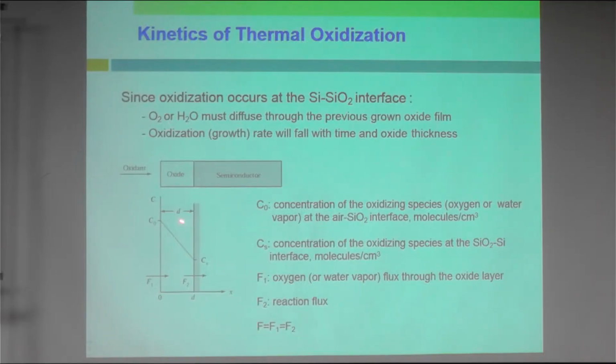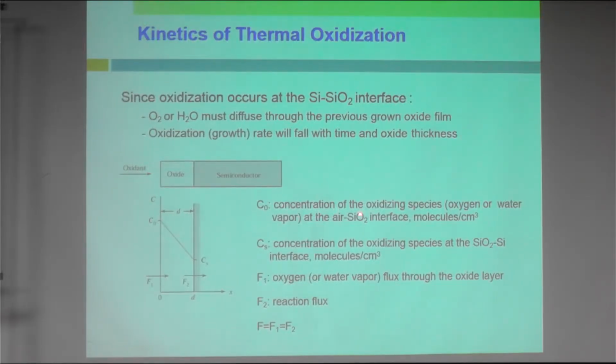It has to diffuse first through the first layer, then further in order for you to have a growth of silicon dioxide. So the oxidation or growth rate will fall with time and oxide thickness. The dynamics of the growth will be slower over time.